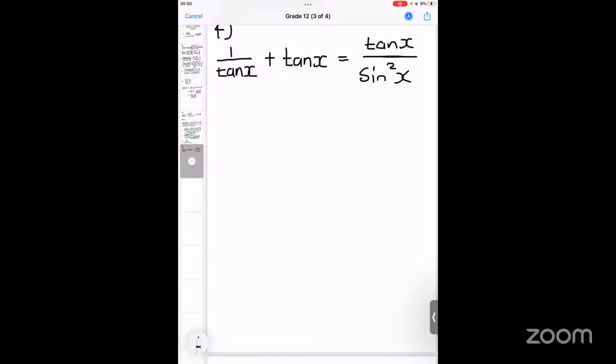Okay, sir. So do you agree that, without us having to throw the bones, 1 over tan is the same as cos over sine? Yes, sir. Okay, then it's fine. At least we agree on that one. Here, we are having sine over that. So that means I've started with the left-hand side.